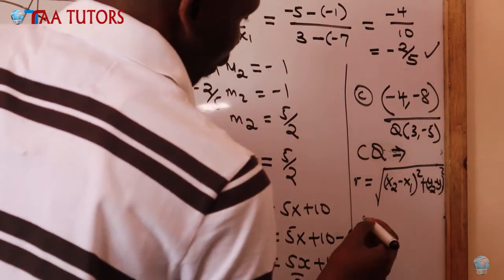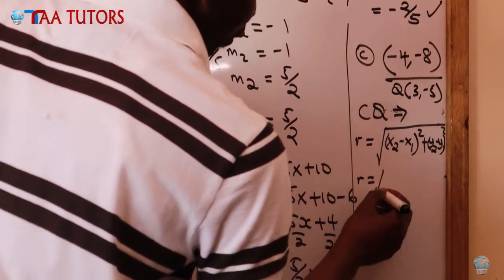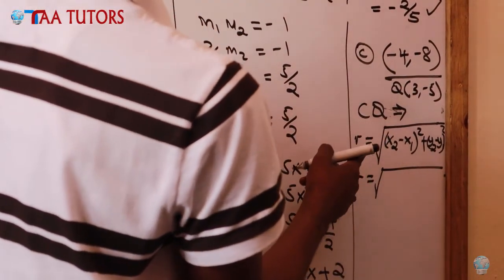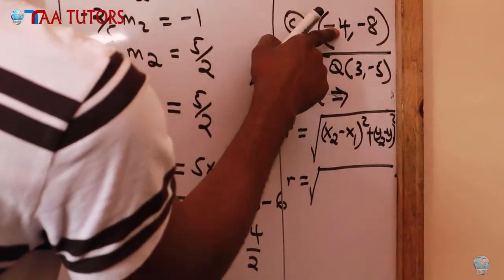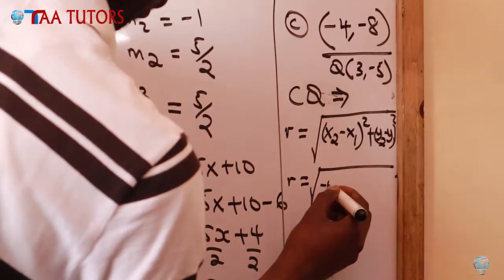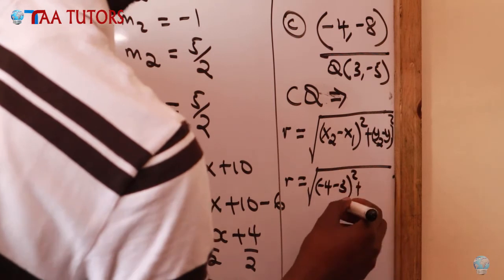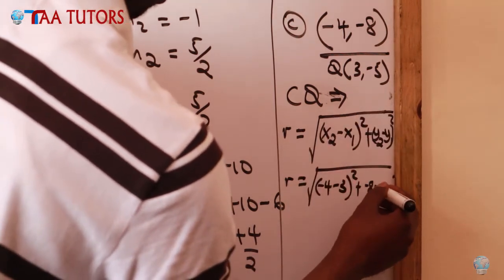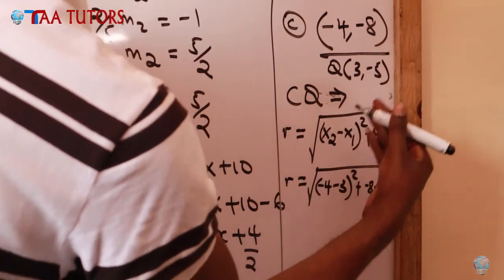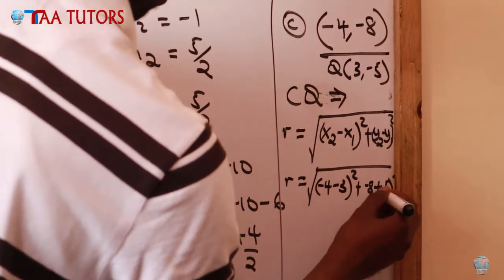I hope you understand that from our previous lessons. Let me take this as x1, so -4 minus 3 squared plus -8 plus 5 squared, because minus -5 will be plus 5.